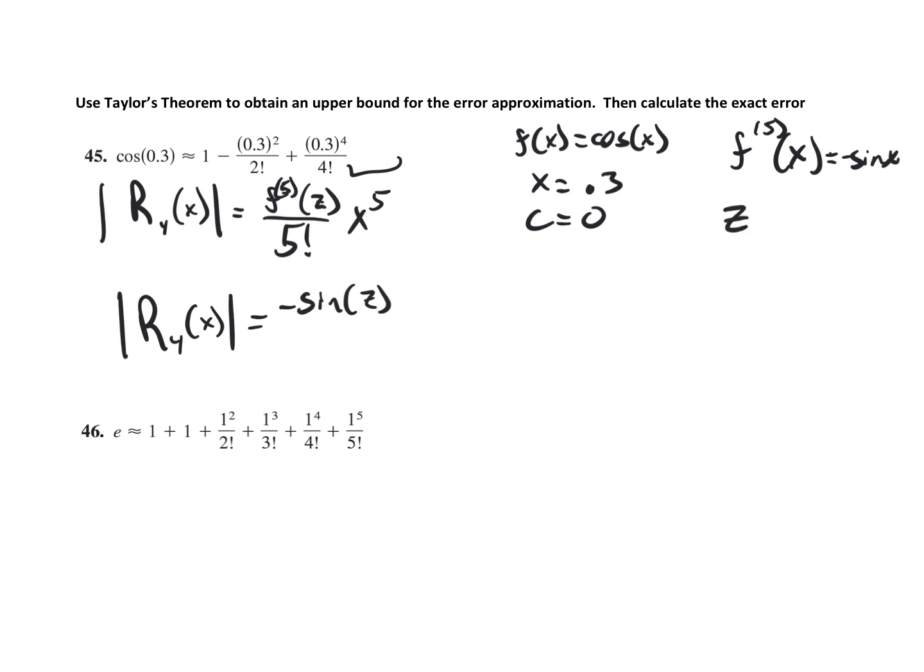So we know z, according to Taylor's theorem, is somewhere between 0 and 0.3. So there must be a z all over 5 factorial. So that's what that z is all about.